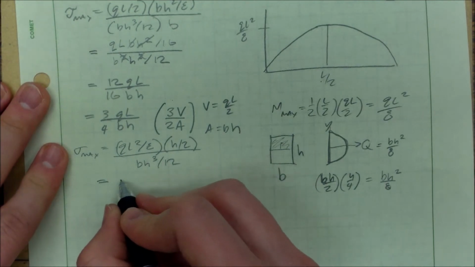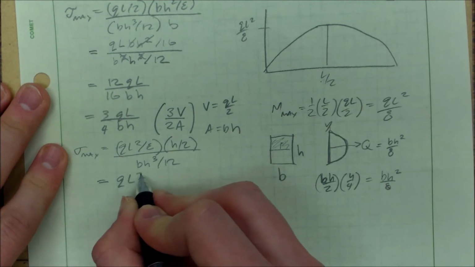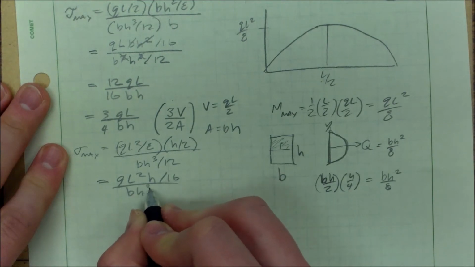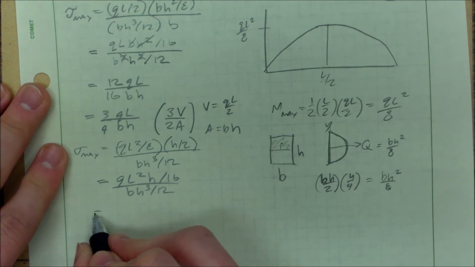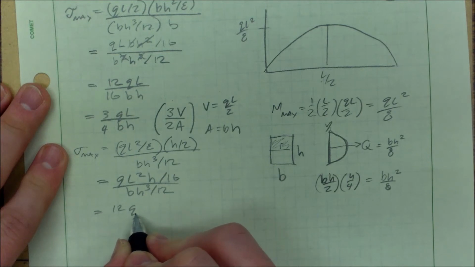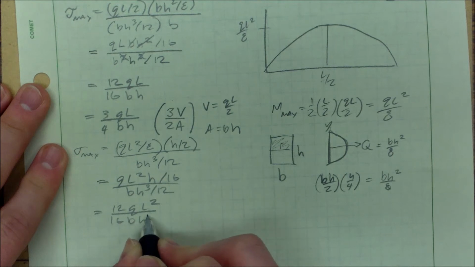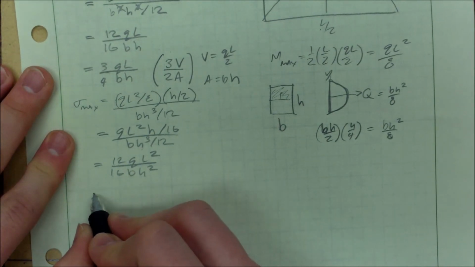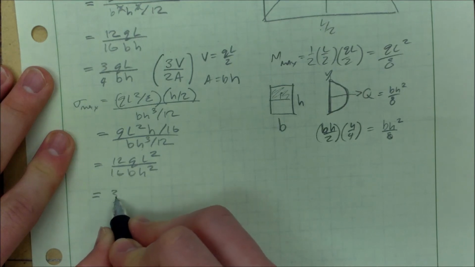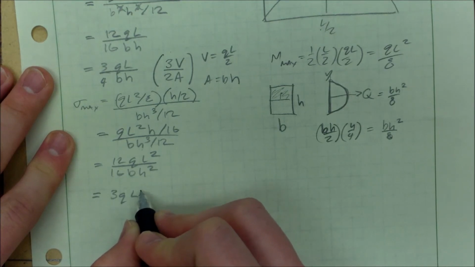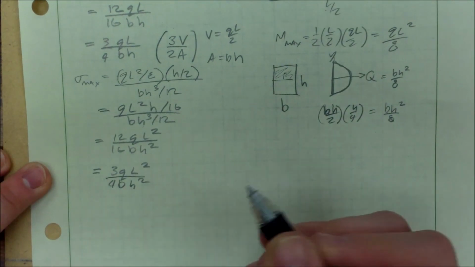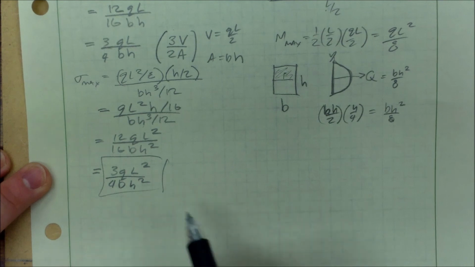And let's simplify this. QLh divided by 16, bh cubed over 12 equals 12QL squared over 16bh squared. One of my h's had canceled out. And I can reduce that to 3QL squared over 4bh squared. And that's it. That's actually what my answer would be.